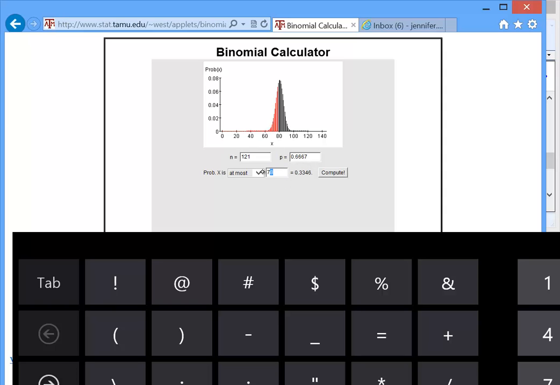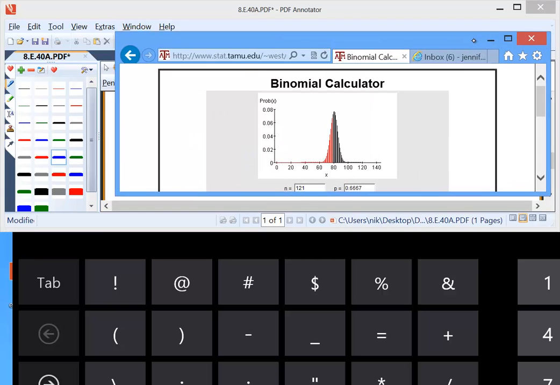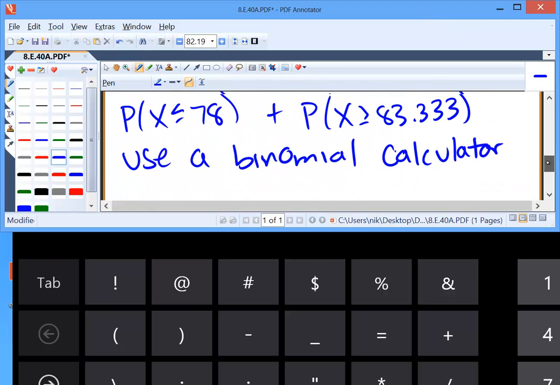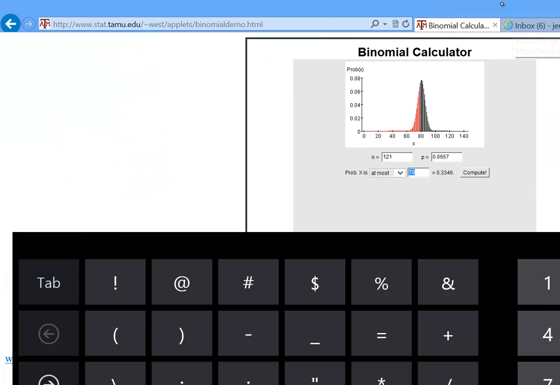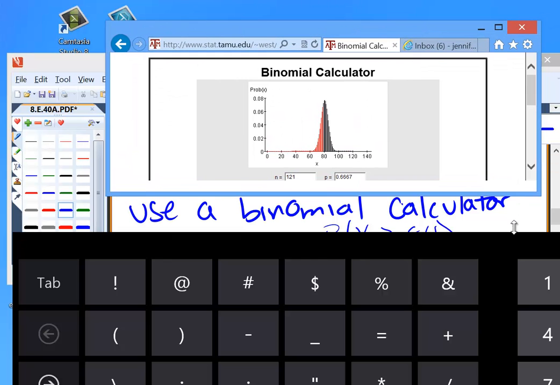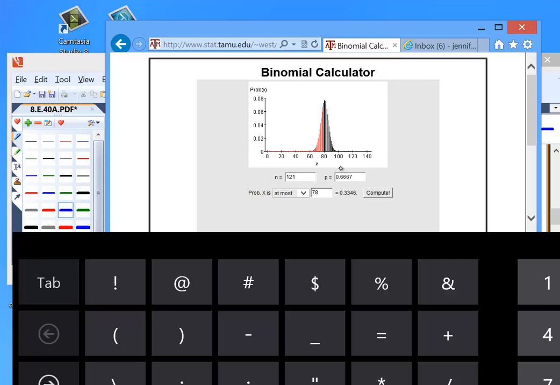Okay, and then we also needed greater than or equal to 83.33. Now, we're not going to find that exactly in the binomial because it only deals with whole numbers. So if you want to be at least 83.33, that's really the same thing as x is greater than or equal to 84 when you want to deal with only whole numbers. So 84, we want at least, so 84 or above.